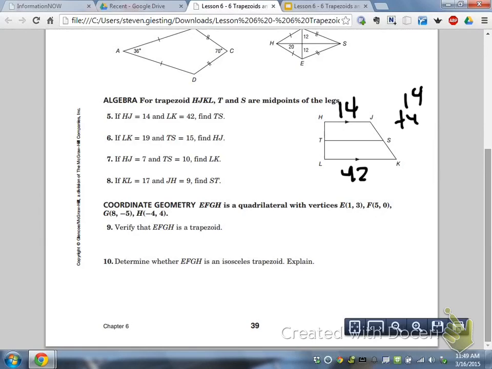TS is the midsegment, therefore it's half the sum of the two bases. And number 5, it would in fact be 28. Try this. If LK is 19 and TS is 15, how much is HJ?